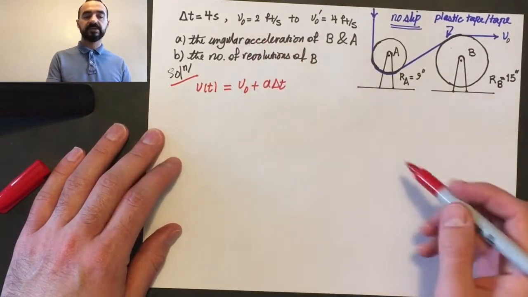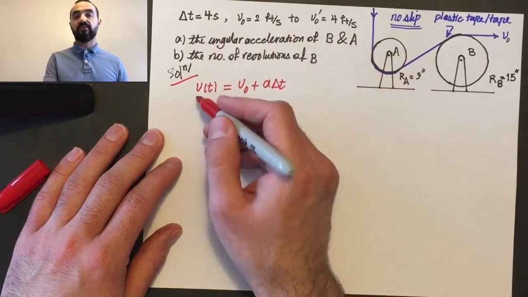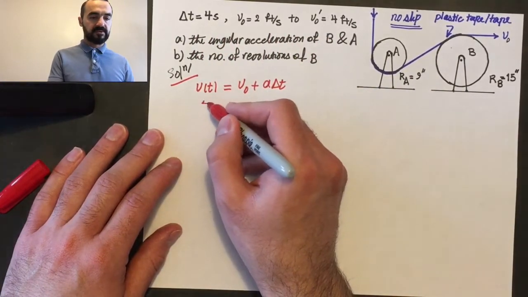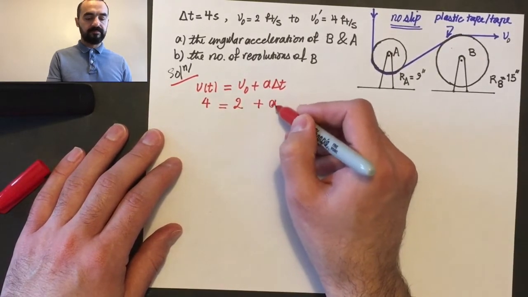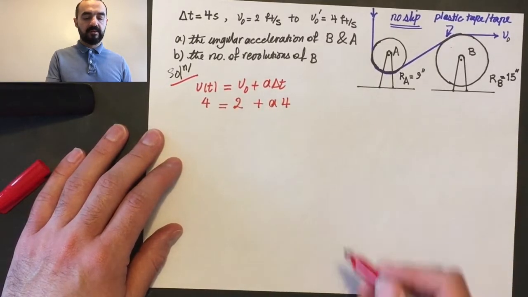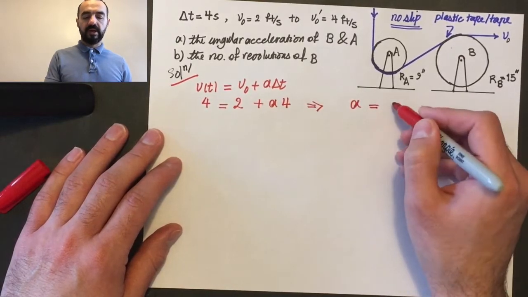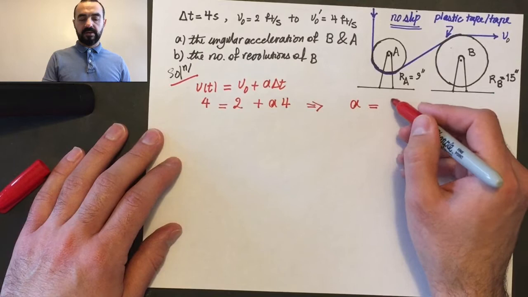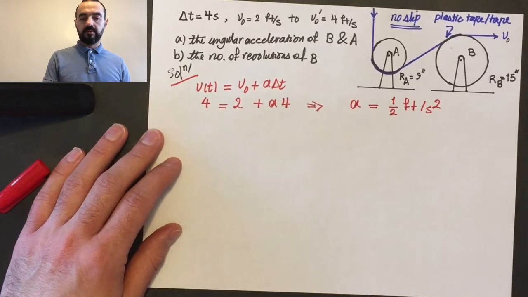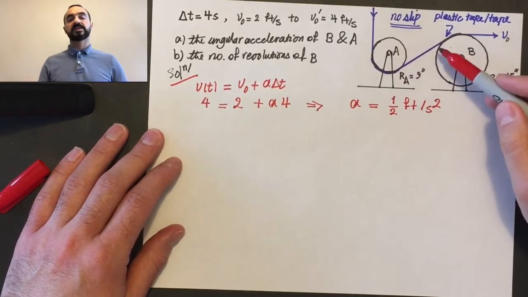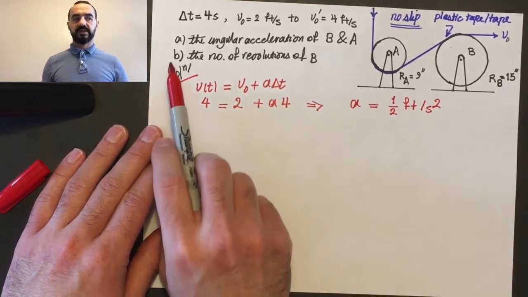When t is 0, v0 is 2 feet per second, and when time is equal to 4 seconds, the velocity is 4. So what I have here is 4 equals 2 plus a multiplied by delta t, which was 4. From this, the acceleration is half a foot per second squared. The translational acceleration of each point on this tape is equal to half a foot per second squared.